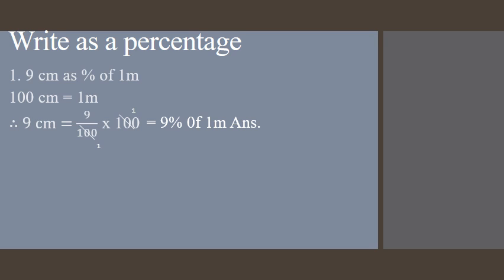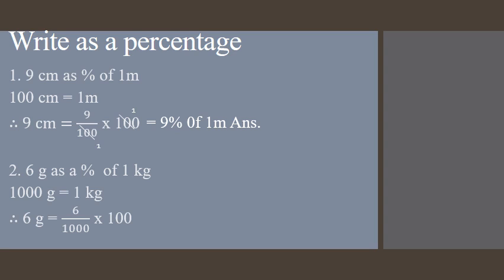Now children, let's move to the next question. Write 6 gram as a percent of 1 kilogram. So children, as we know that 1000 gram is equal to 1 kilogram or 1 kg. Therefore, 6 gram is equal to 6 upon 1000 kilogram, and when we change it into percent, we will multiply it by 100. So 6 upon 1000 multiply by 100. And now children, 100 in the numerator and 1000 in the denominator can be divided by the common number 100.